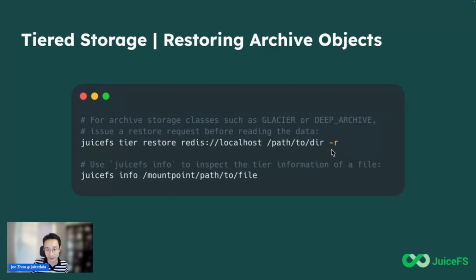But even after that, we still need to wait. We cannot read the data immediately after restoration. It totally depends on the object store how fast they can restore the archived objects. One way you can track that is to use the juicefs info command on a file, and wait for the state to become ready, and then you will be able to read that file.